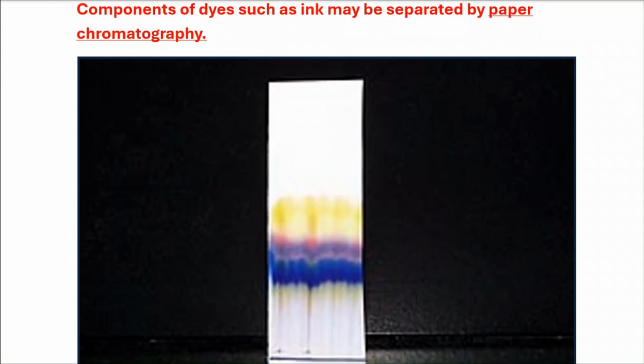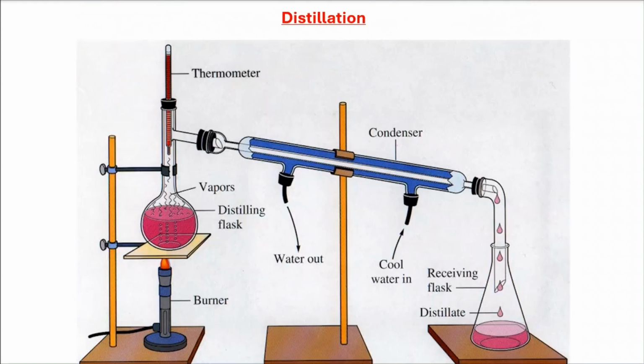There is another technique which I would like to let you know before I let you go. Distillation is very important to know, and it is a technique to separate a mixture. Distillation is used if the mixture is made up of two liquids which have different boiling points.